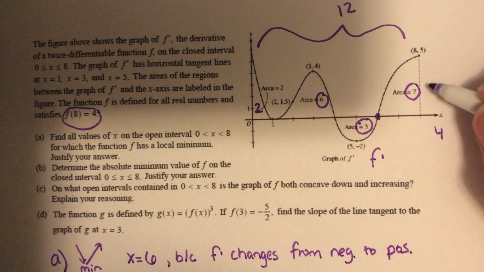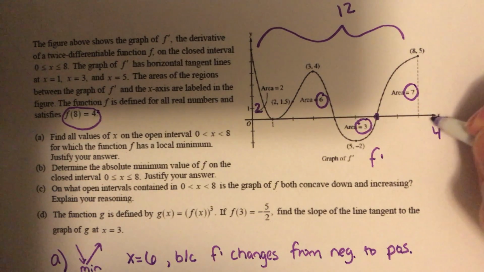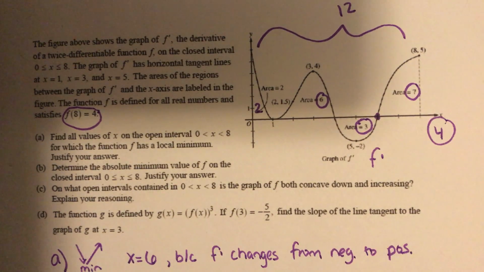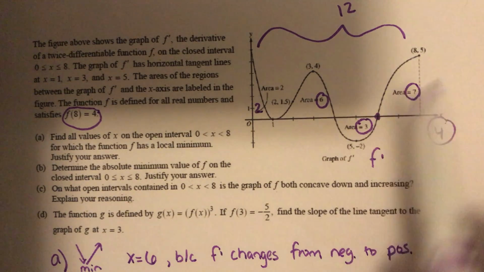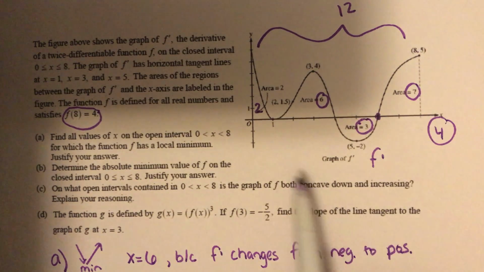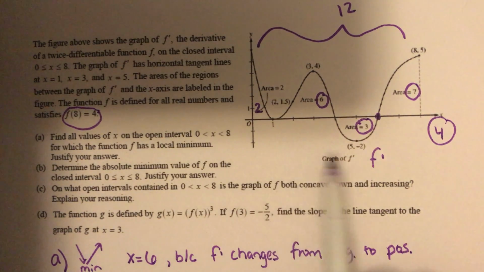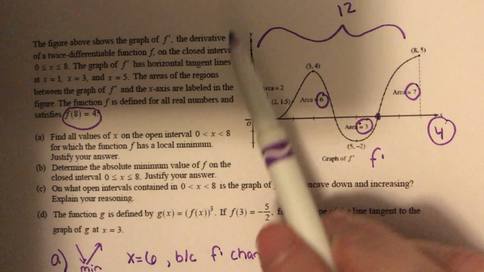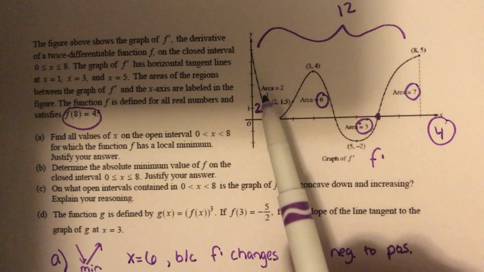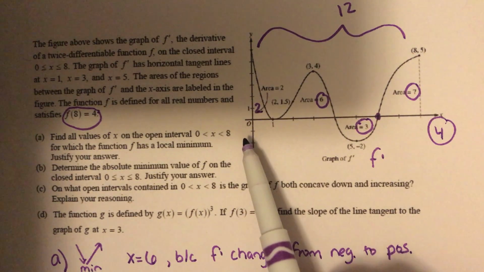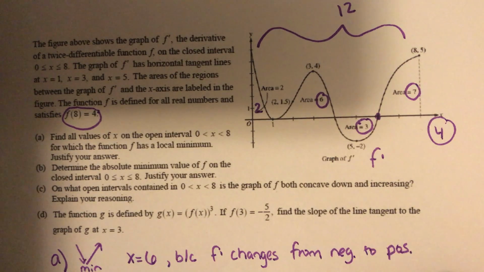Our ending point is at a 4. So what can we find from this? We can find our starting position. So if we end up at 4, but we traveled a distance of 12, our starting position must have been -8. So I actually found from all this f of 0, which is -8.